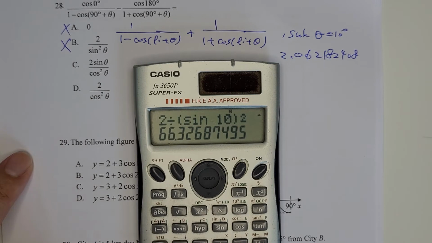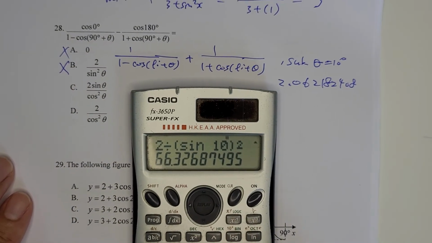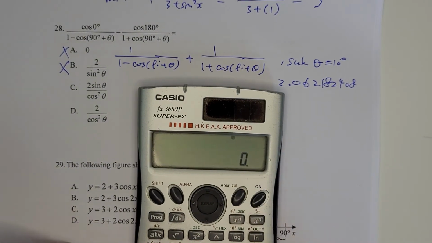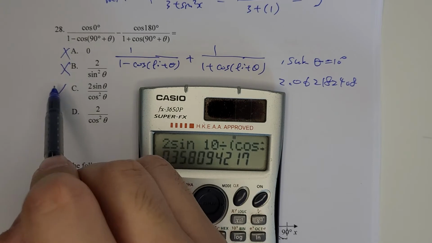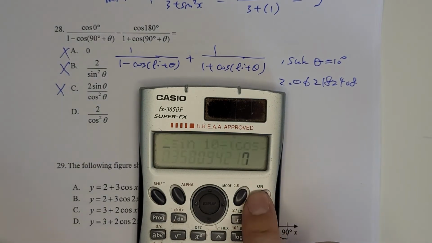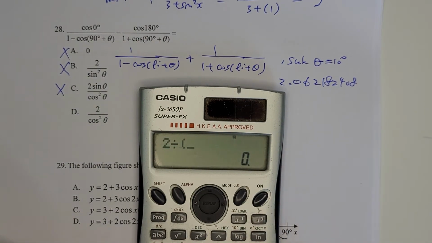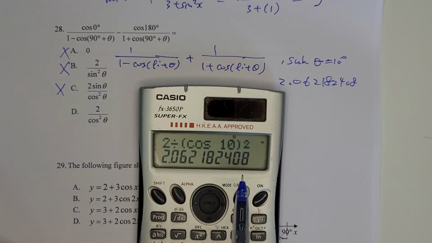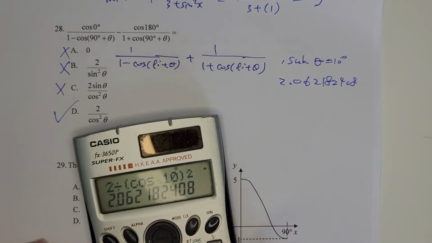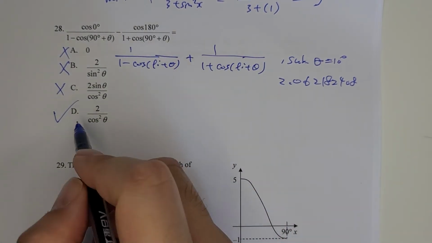B is not the answer. And C, 2 times sine 10 divided by cosine 10 degree bracket square. C is not the answer. How about D? 2 divided by cosine 10 degree bracket square, 2.062. D is the answer. So the answer is D, D for dog.